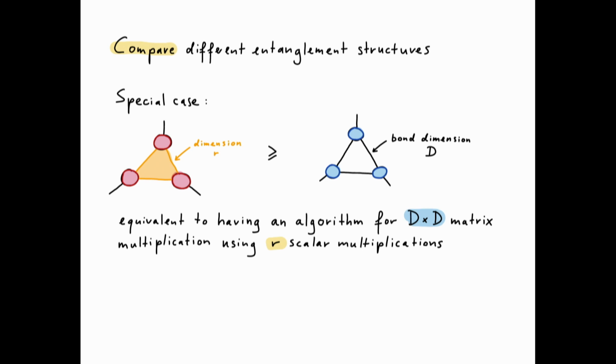And the motivation for this is that if we look at this very simple example, the contraction rule that I just showed versus the standard one, then understanding the relation between these two things is equivalent to understanding the complexity of matrix multiplication.